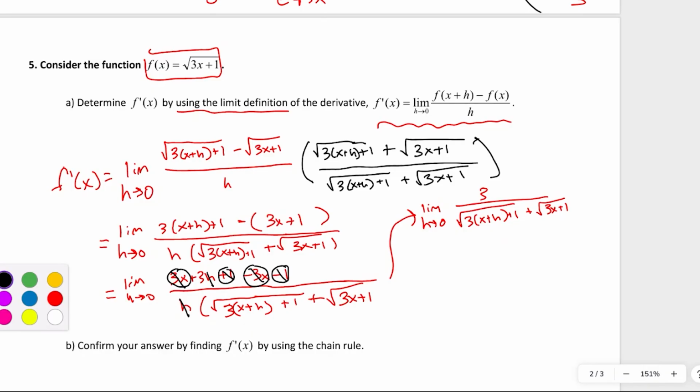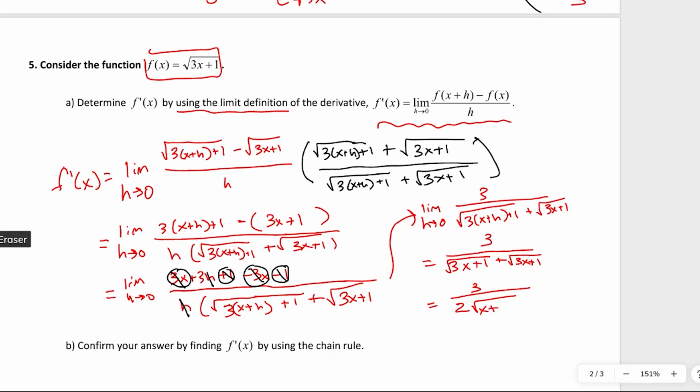So if I do that to evaluate this limit, then I'll be left with 3 over the square root of 3 times x plus h, which is just x, plus 1, plus the square root of 3x plus 1. Now notice how we have two of these square root of 3x plus 1s. So it's going to be 3 over 2 times the square root of 3x plus 1.